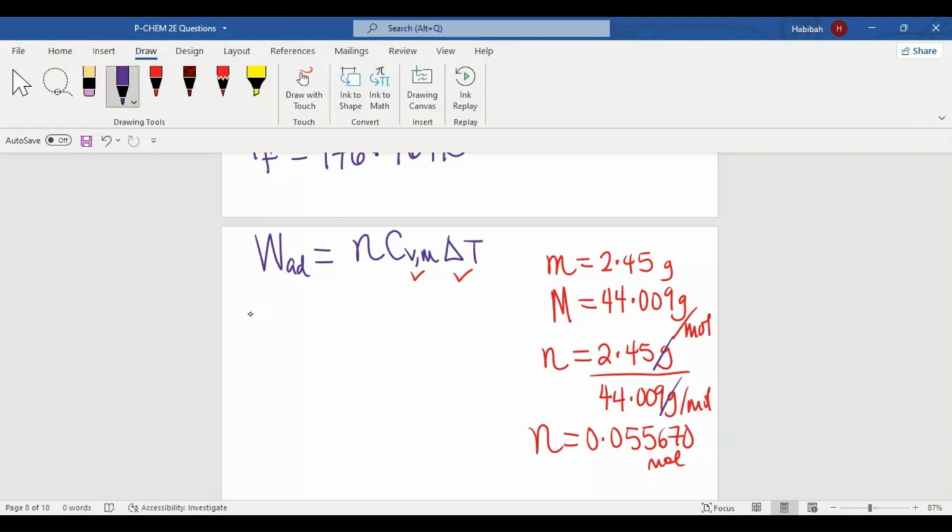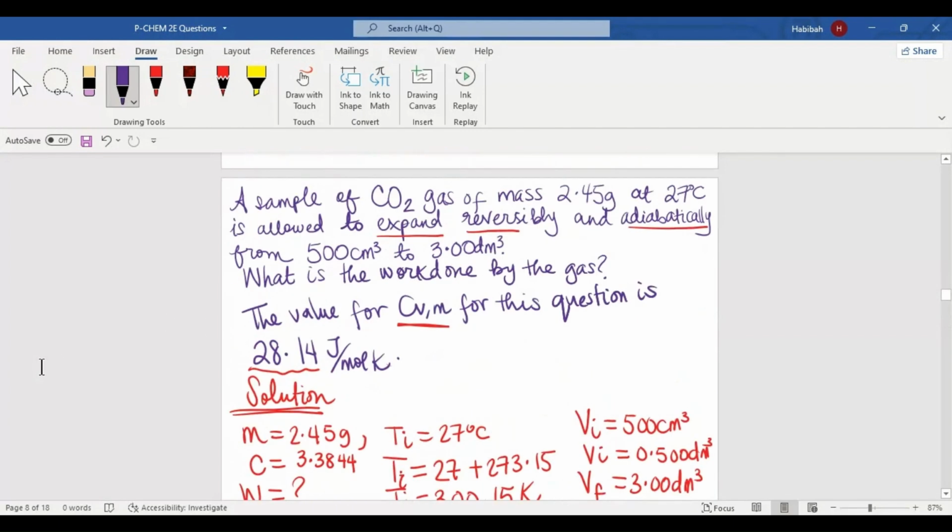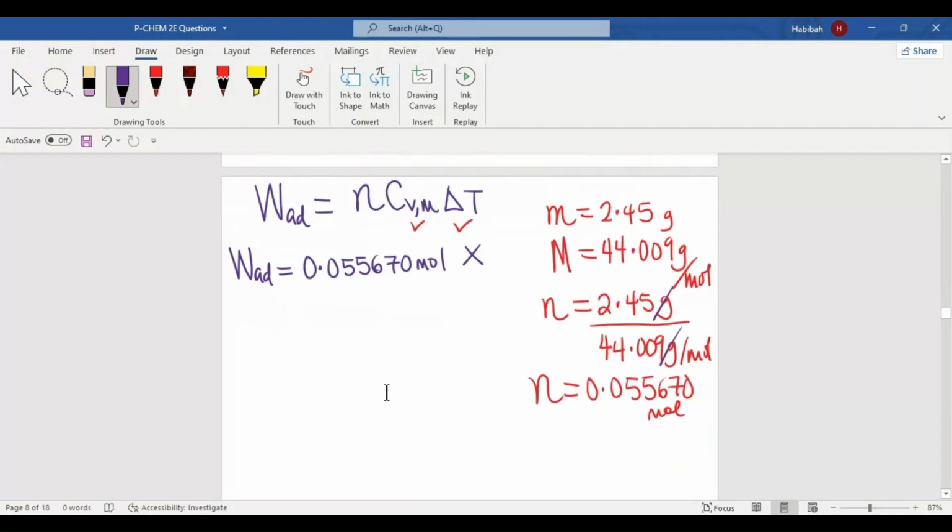So the work done adiabatically would now be us substituting this information. I'm going to end up with 0.05567 mole times the molar heat capacity at constant volume. Going back to our question up top, we see that is 28.15 joule per mole Kelvin. Let me erase this information. We've gotten the number of moles that we need.